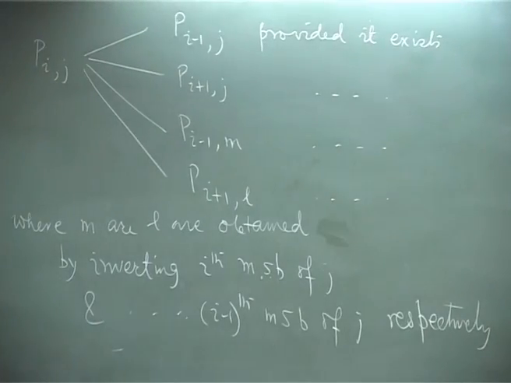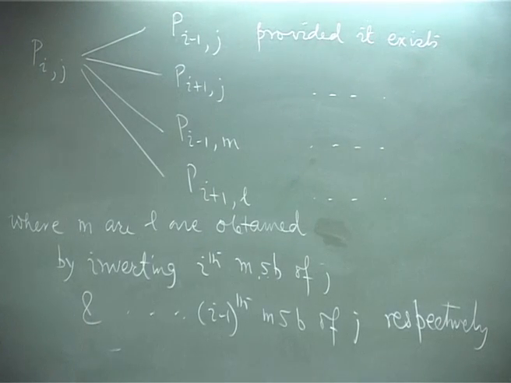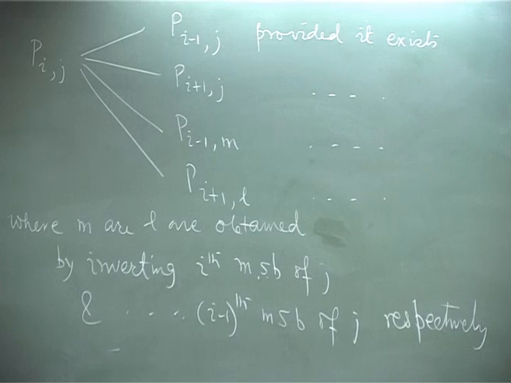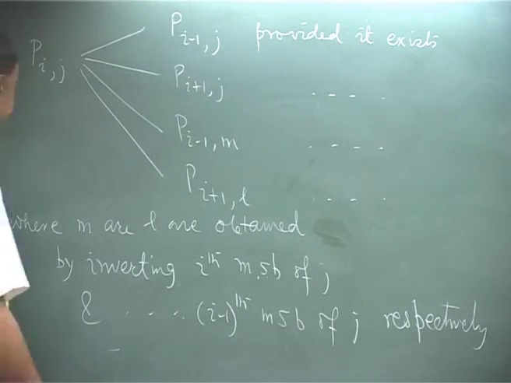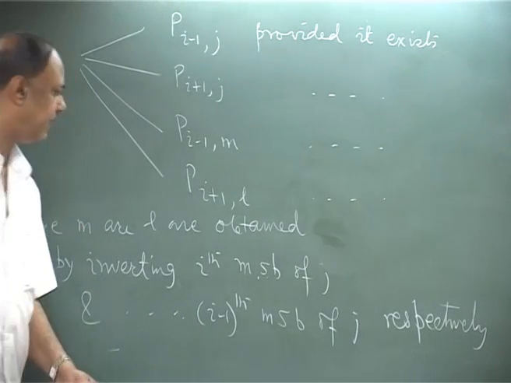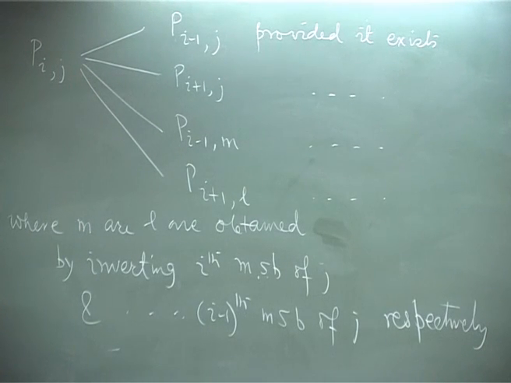So Pij is connected with at most 4 processors: P(i minus 1)j, P(i plus 1)j, P(i minus 1)m and P(i plus 1)l.